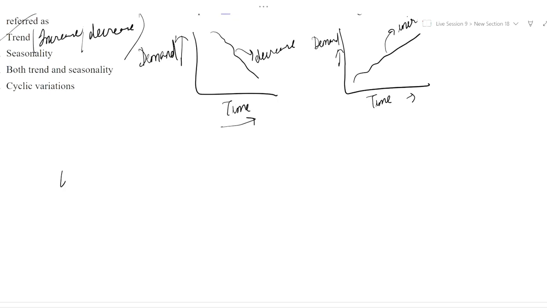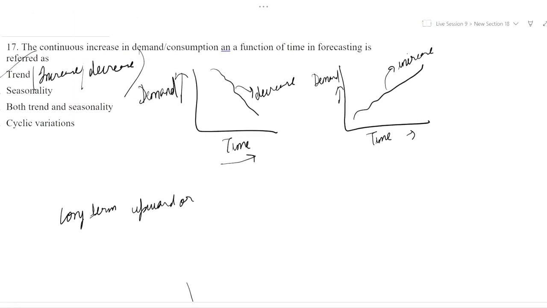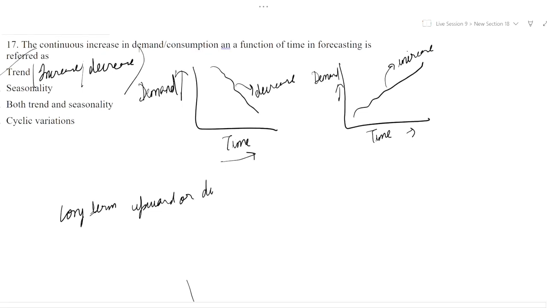Now, trend is a long-term upward or downward movement in the demand data.